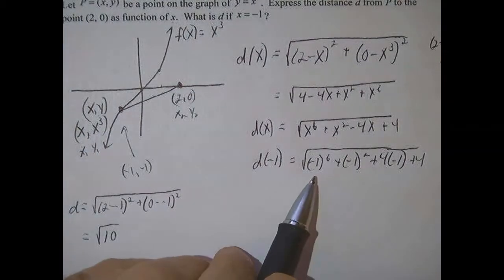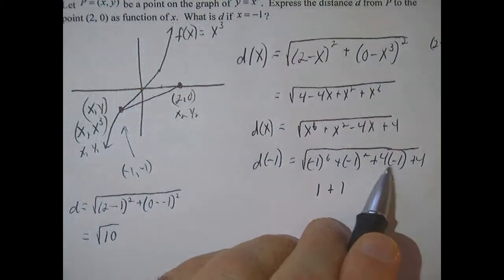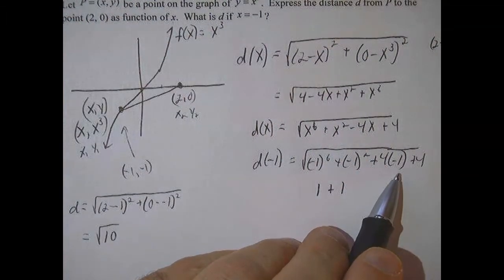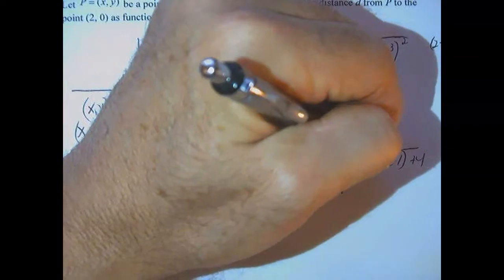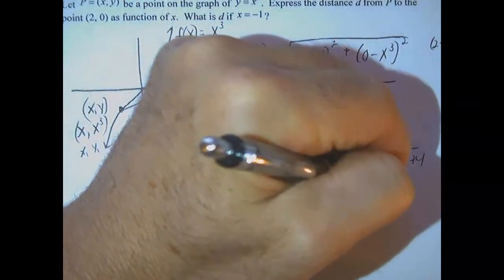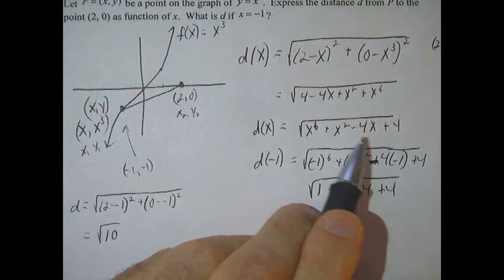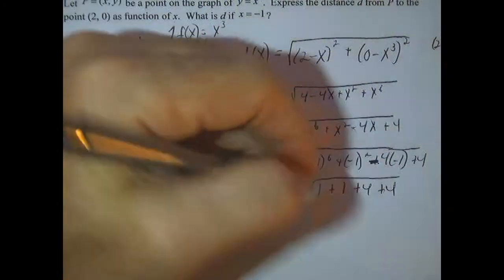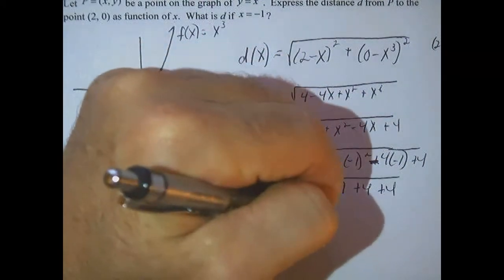So (-1) to the 6th is 1. (-1) squared is 1. Oh, this is supposed to be a negative here, sorry. -4 times -1 is plus 4. And then plus 4 here, all under a square root. I just carry this subtraction down, but that's a negative. And that's the same thing, right? Square root of 10.